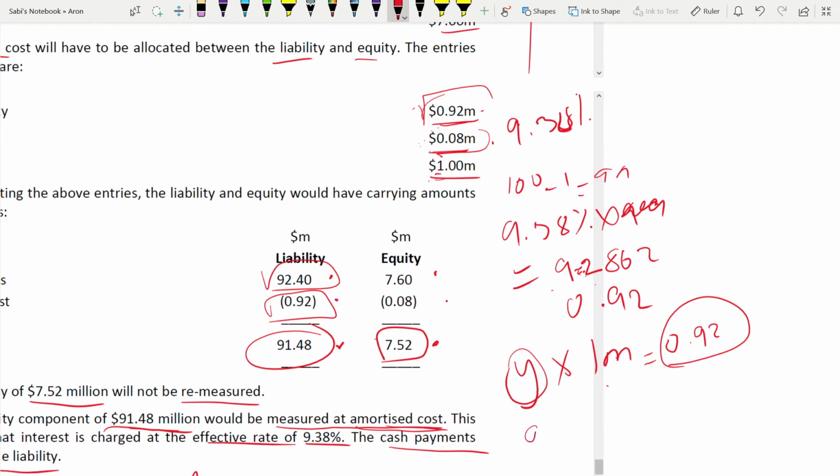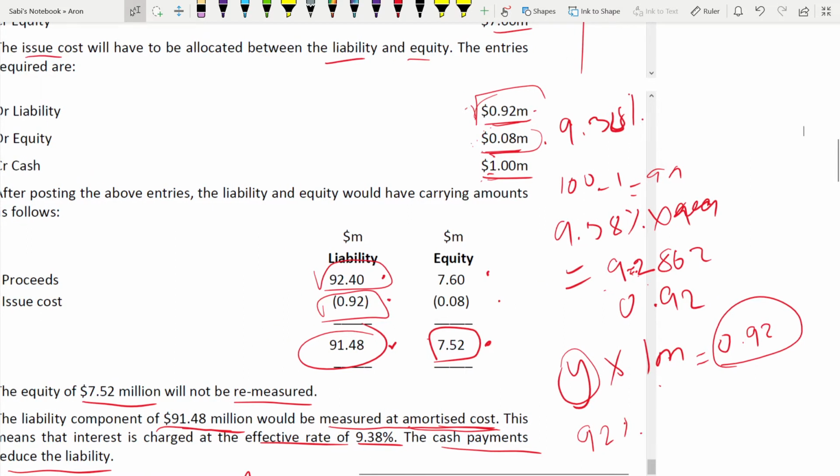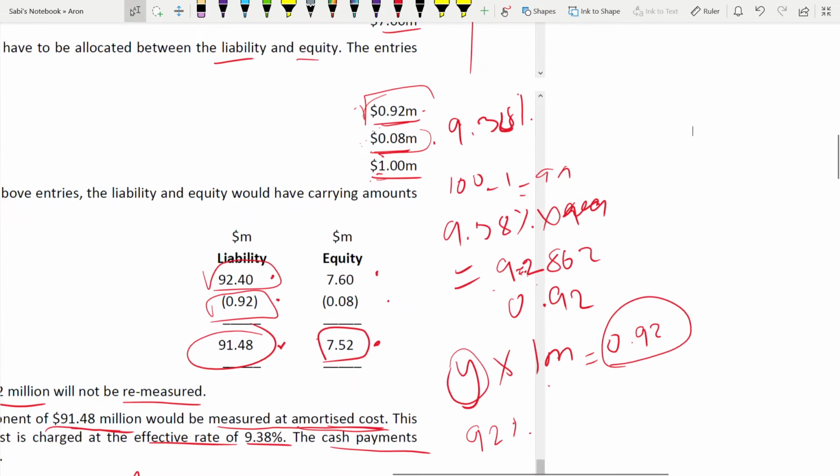That means it has to be something like 92%. 92% of 1 million, which is 0.92. Okay. And if you are taking 8%, that shall be equal to 1. So if you are getting 92, this is 92 and this is 8%. 92 is something very close to 9.38. This is 92%. Okay, wait.